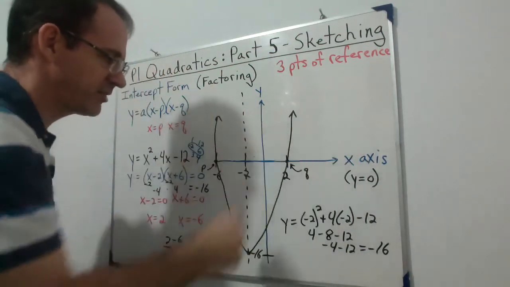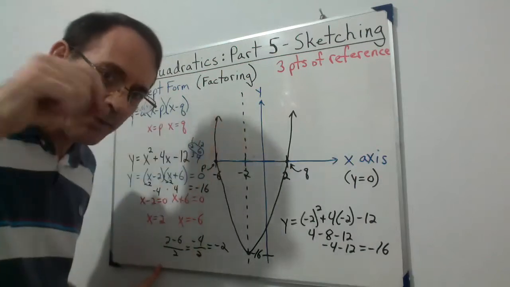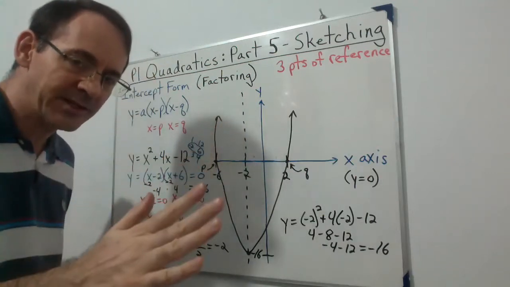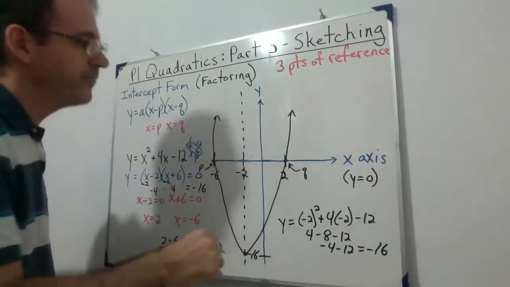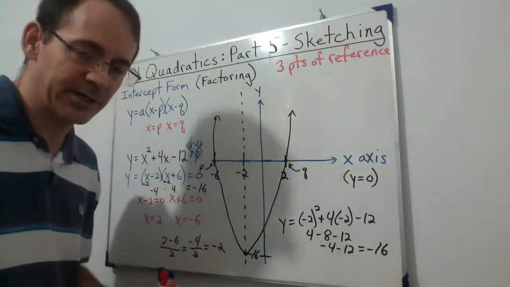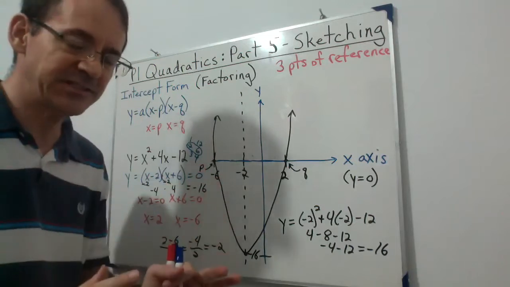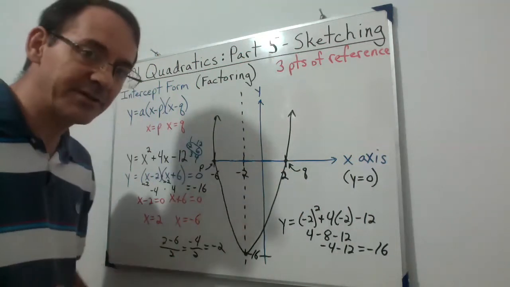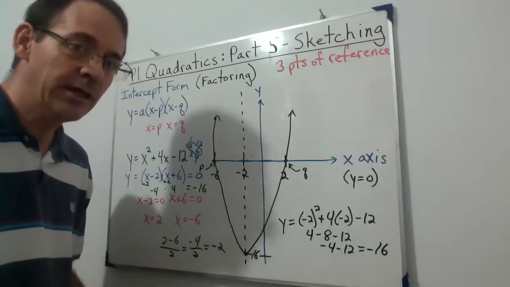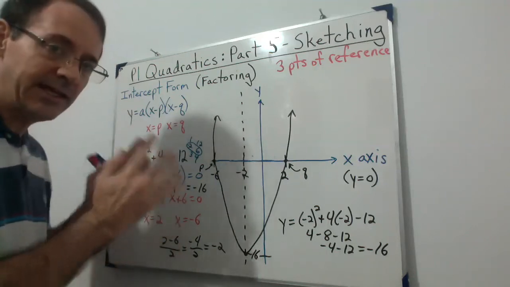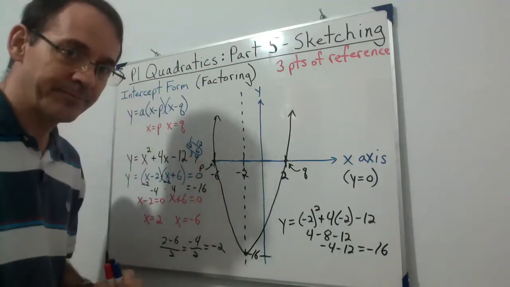You make a quick sketch. You don't need to do 1 per 1 and make a perfect graph. Don't get out your ruler. It's time efficiency with main graph characteristics. That's the goal. You want to do it quickly and have it done, okay?